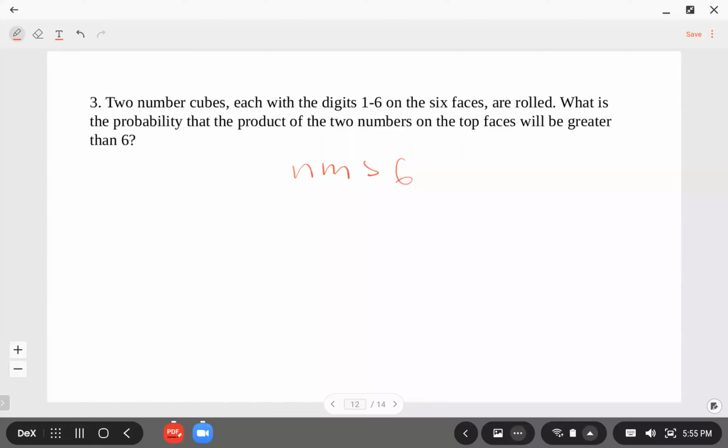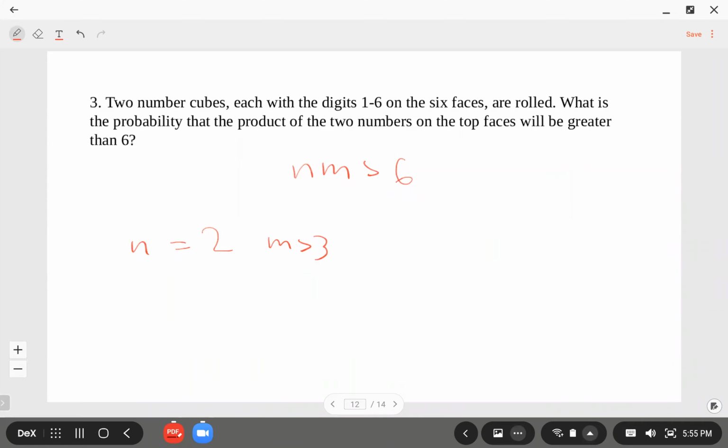Now when can n equal 1? No, it cannot, because the greatest m can be is 6, and 1 times 6 is not greater than 6. So n cannot be 1. It can only be 2 to 6. So when n equals 2, then m has to be greater than 3, because 2 times 3 is going to be 6.